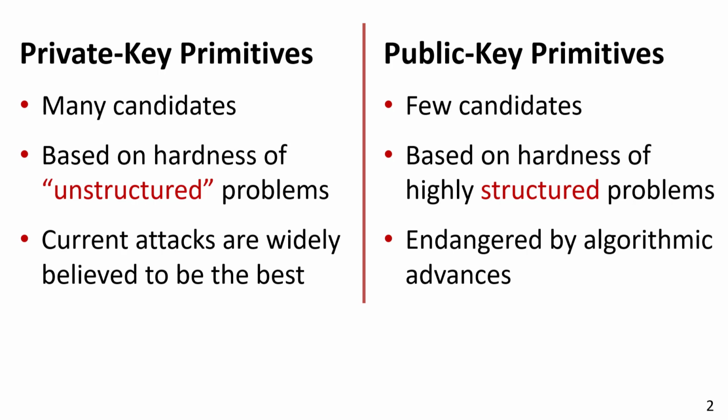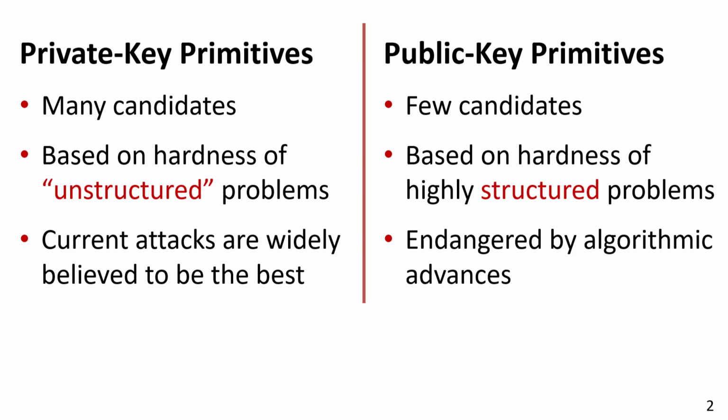A consequence of this situation is that for many private key candidates, our current attacks are believed to be nearly the best, and this is crucial for choosing concrete security parameters.